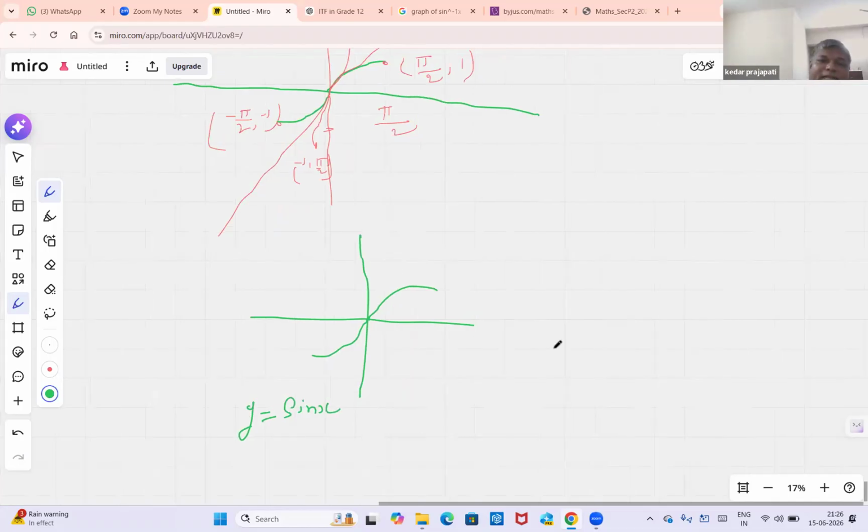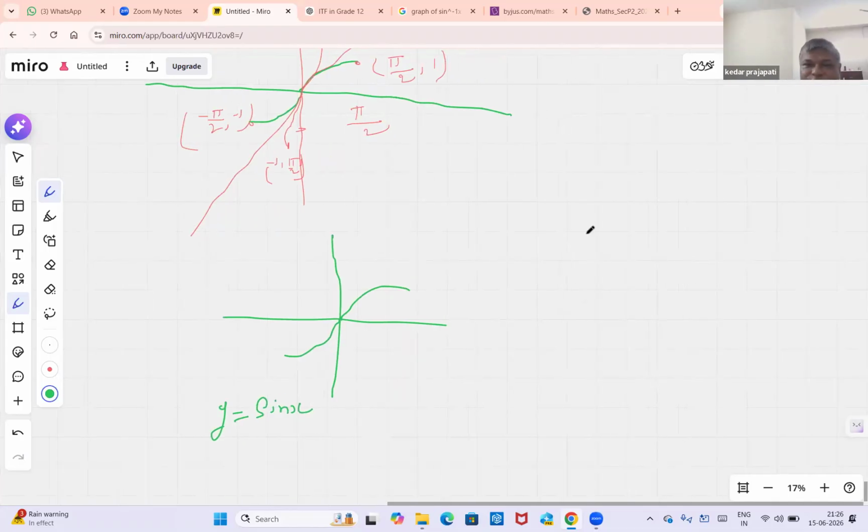So y equal to sin inverse x will be basically the same type of curve on the y-axis.